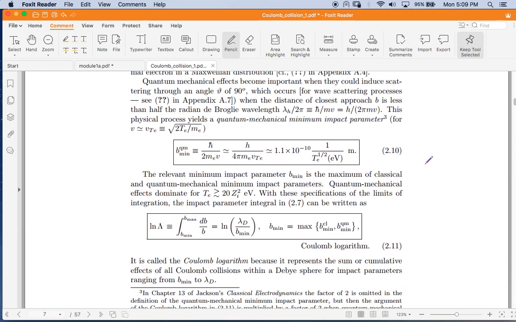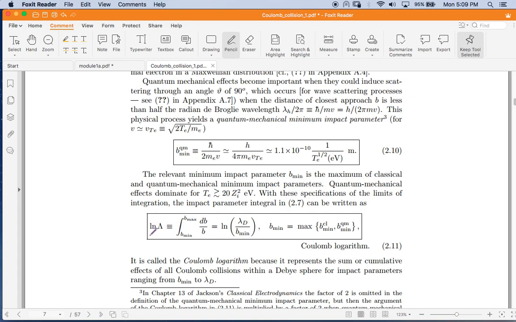There are those subtleties, but the important thing here, the whole point of what we were doing all along, was the fact that now this integral of dB over B has a Bmin and a Bmax. The Bmax is just lambda D, and obviously the integration of dB over B is a logarithm.